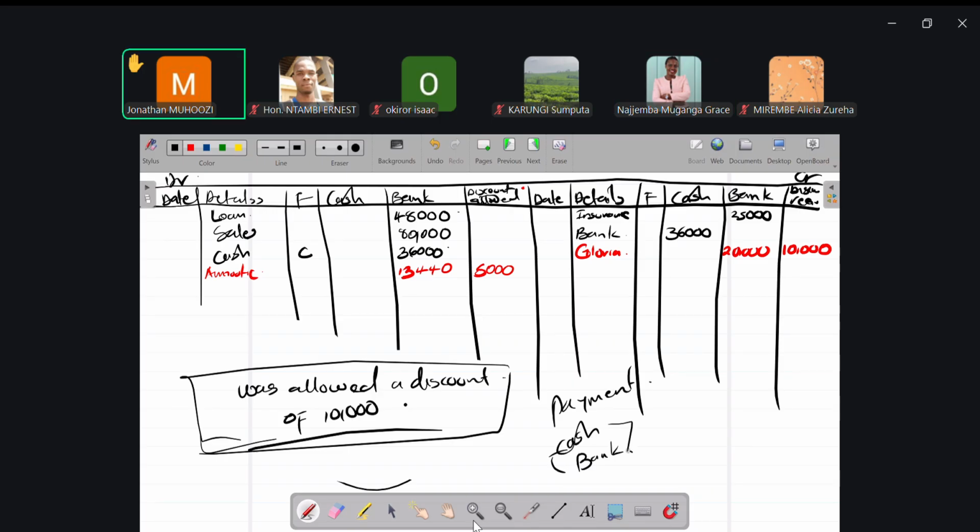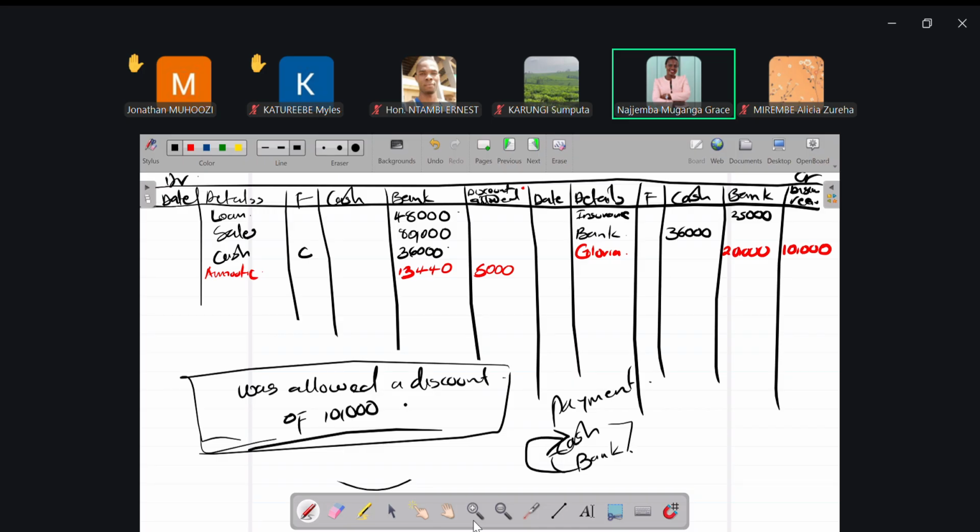So there are transactions to do with getting money from the bank, taking them back to physical cash, that is using them in business, or cash being banked. But when you withdraw for own use, those become drawings. They are no longer contra entries.